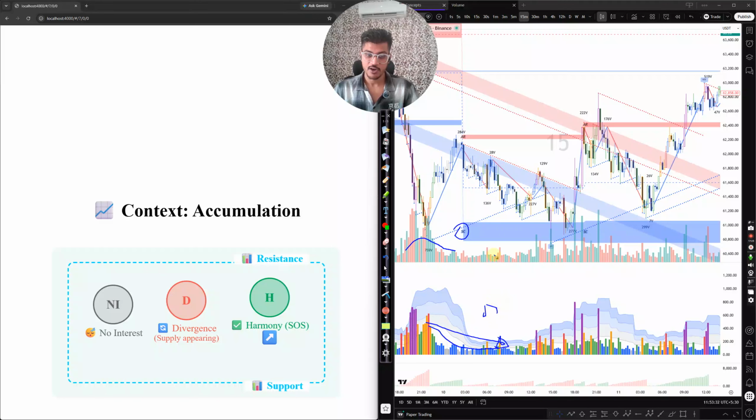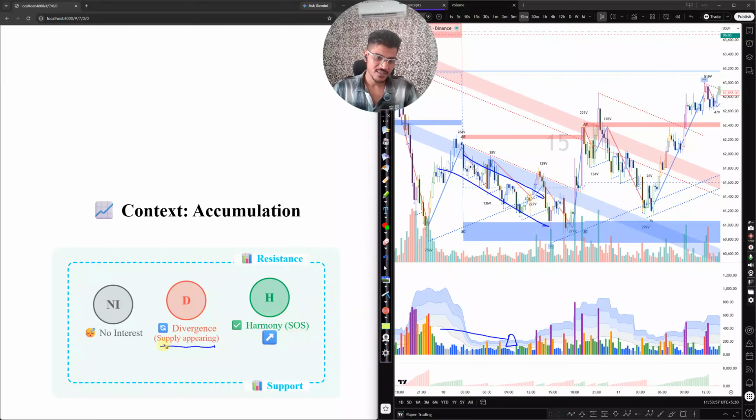Supply is being absorbed, and then we see harmony.